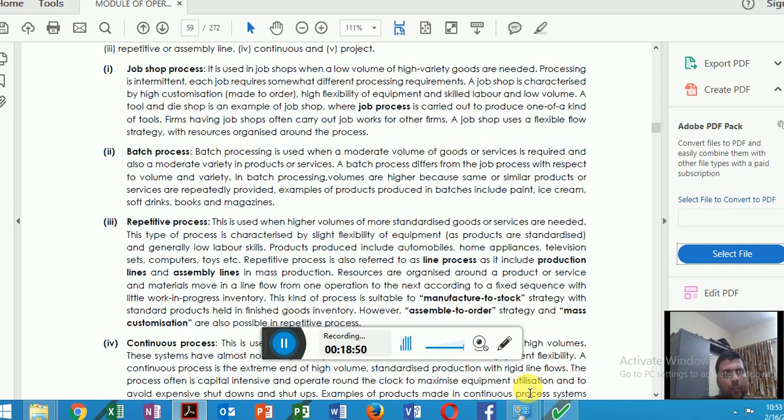Third one is the repetitive process. This we have discussed in the previous part. You can take an example of assembly line here. The best example is the laptop. Say, for example, there are 5 parts which are required to make a laptop.